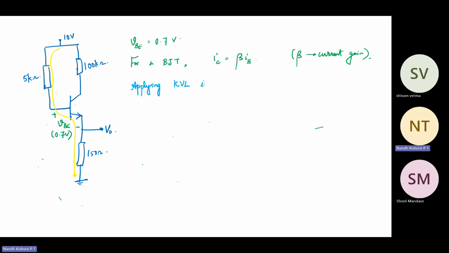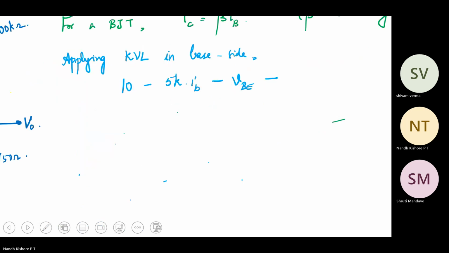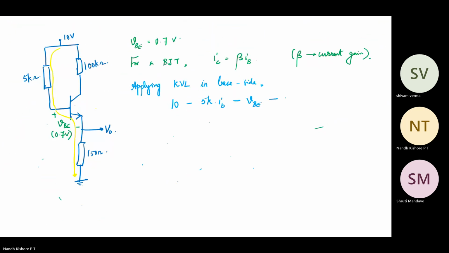So what you end up is basically 10 minus 5K into IB, minus VBE, minus V naught is equal to 0.